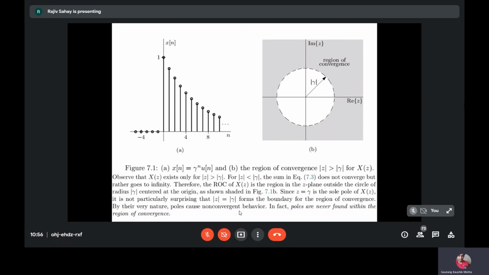Yes. So remember that the pole is not inside the ROC. The ROC is mod z greater than mod gamma, not greater than or equal to. It is always greater than mod gamma.